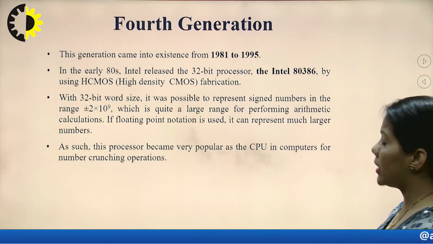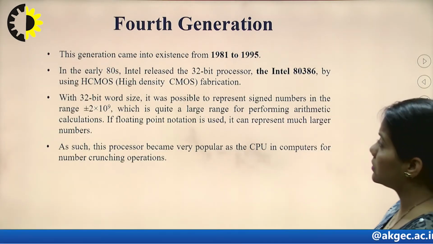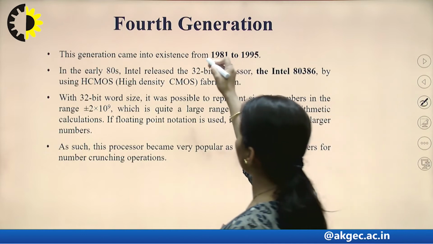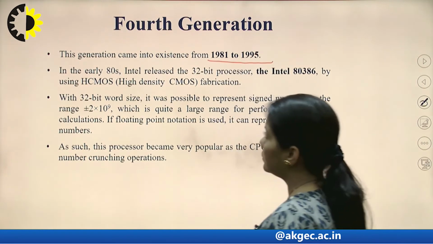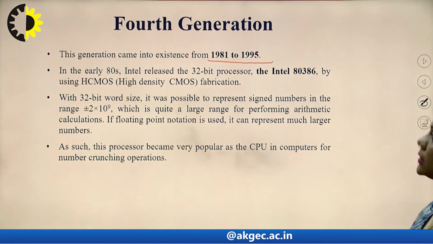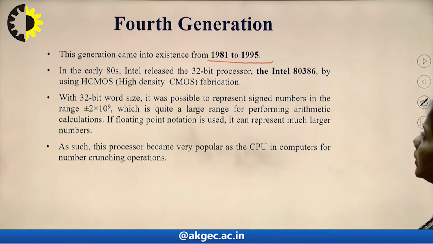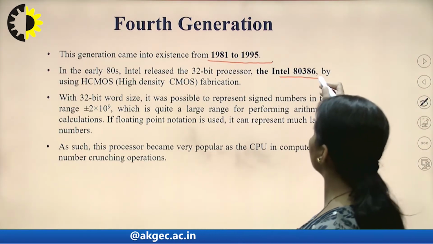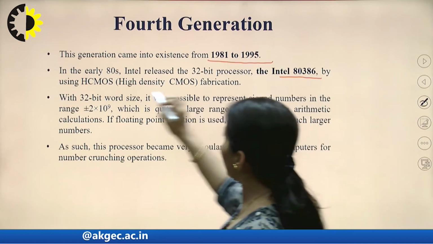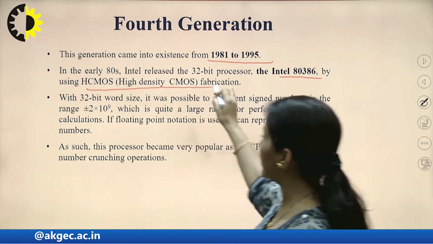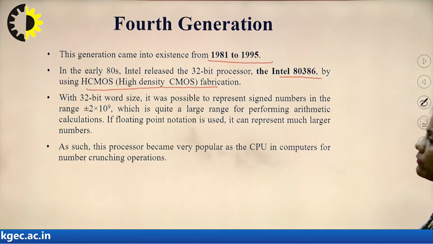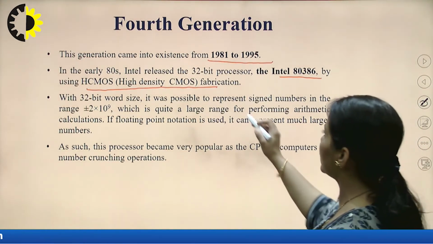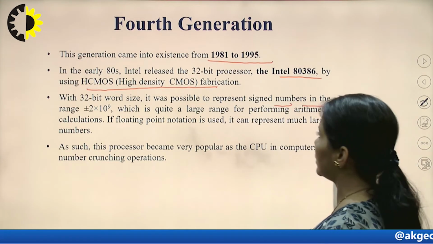So, let us come to the next generation, that is the fourth generation. This generation came into existence from 1981 to 1995. In the early 80s, Intel released the 32-bit processor, the Intel 80386, using HCMOS, that is high density CMOS fabrication. With the 32-bit size, it was possible to represent signed numbers in this range.